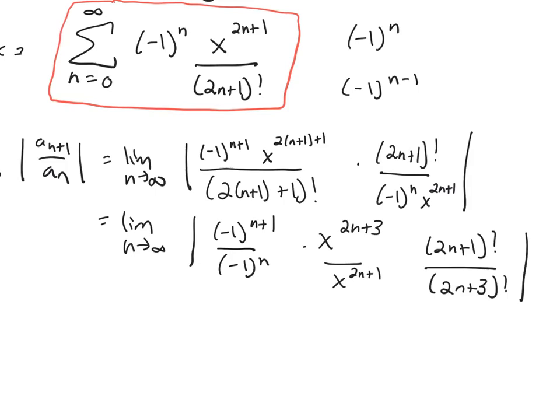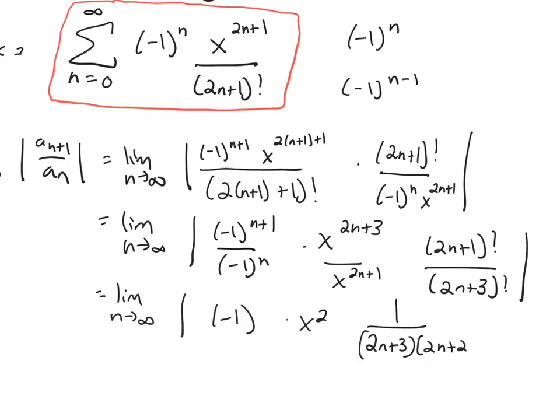And then you simplify your grouped up terms together. So I'm getting -1, getting x squared. And then when I simplify these factorials, you should be getting 1 over (2n plus 3)(2n plus 2), because then you'll get (2n plus 1) factorial and then they'll cancel.